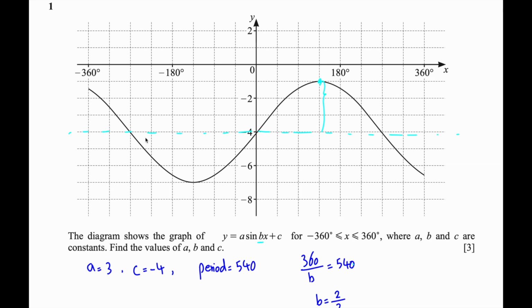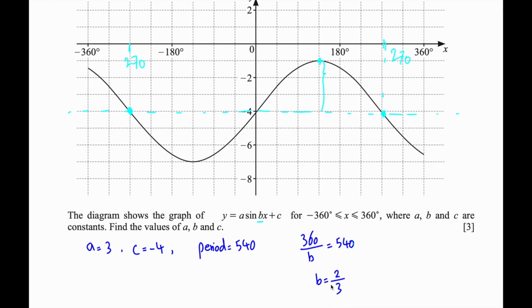You can verify that by taking two corresponding points from two consecutive cycles. So basically this guy is nothing but 270. Also this is 270. So that means the period is 540. You cross multiply, you make B the subject of the equation. Therefore the value of B is found to be 2/3.